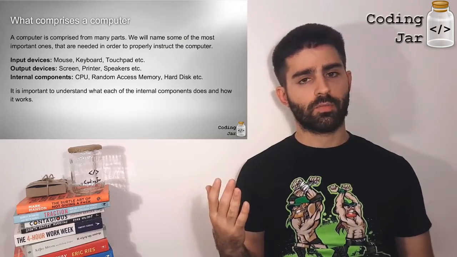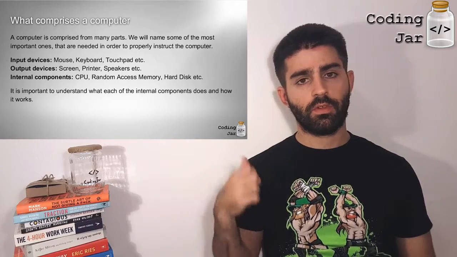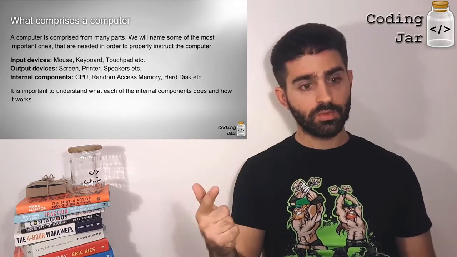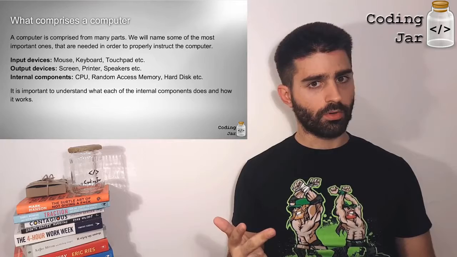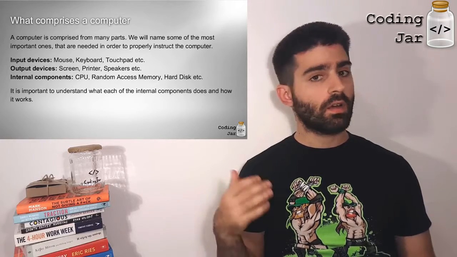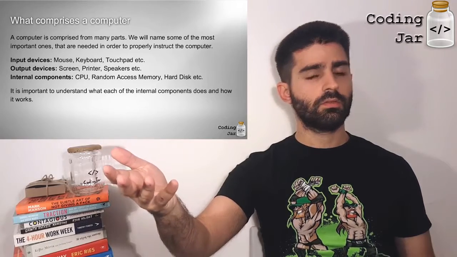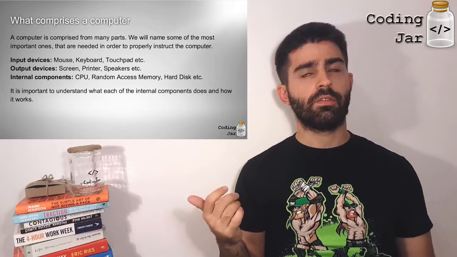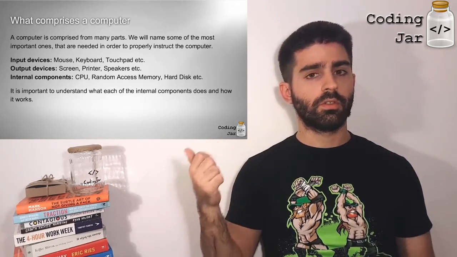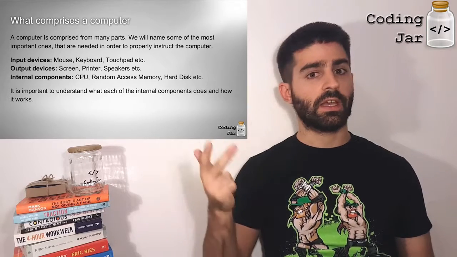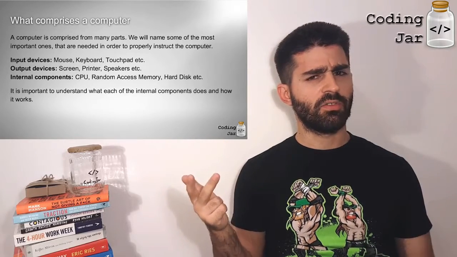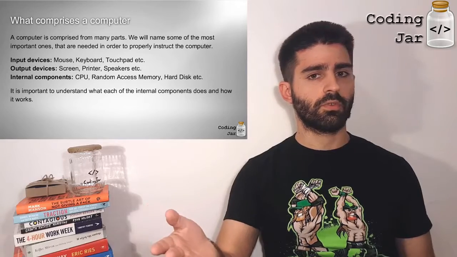So what comprises a computer? There are three kinds of stuff: input devices, output devices, and internal components. Input devices are devices that are used to input data into the computer. Such devices are your keyboard, your mouse, scanners, stuff that inputs stuff into your computer.